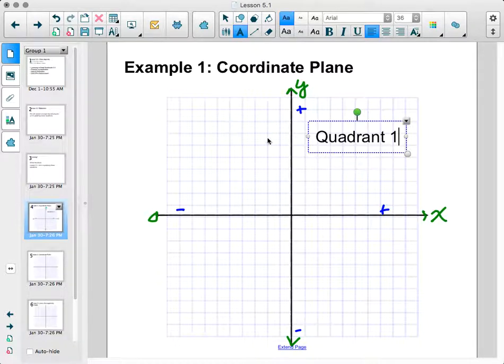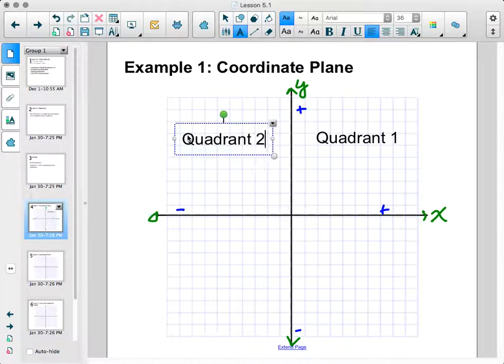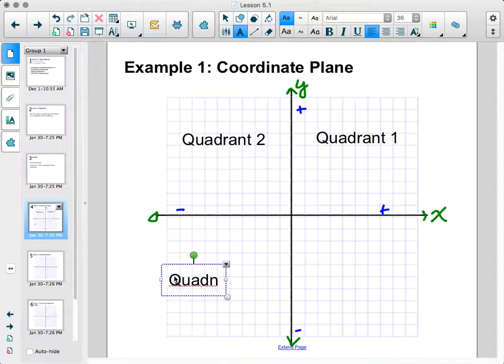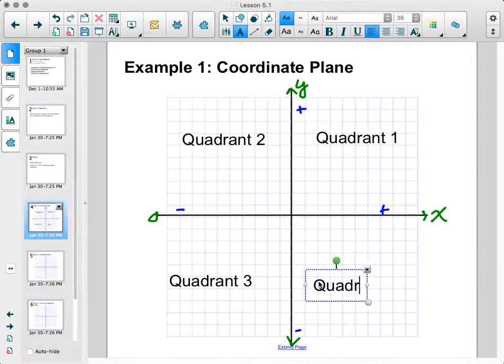This is quadrant 2, quadrant 3, and then quadrant 4. So this is actually just how we label the different quadrants on the coordinate plane.